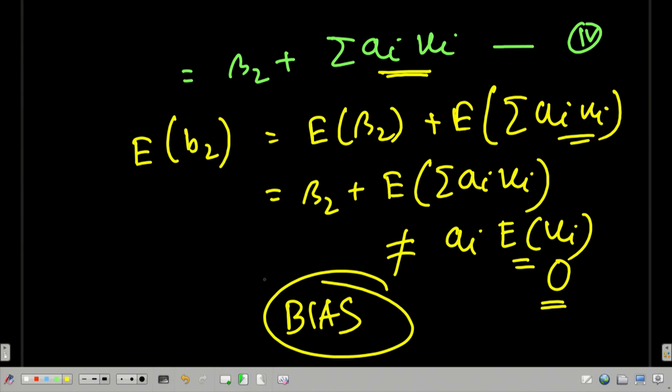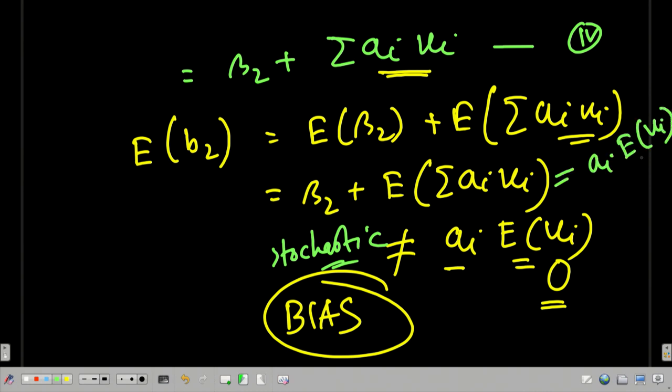And if you have a non-stochastic regressor, then you do not have any problem. So this is for a stochastic regressor. But if it was non-stochastic, you could have written this as a_i into summation into expectation of u_i, and that would have been 0, and then your bias term would have gone from the estimator.